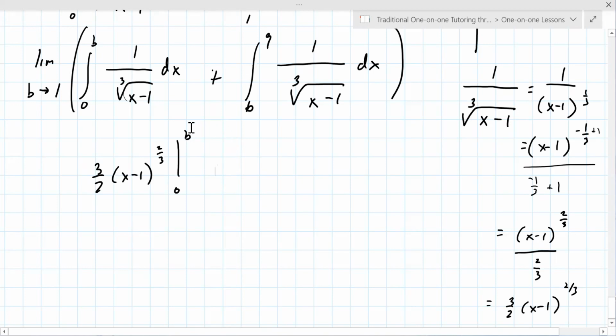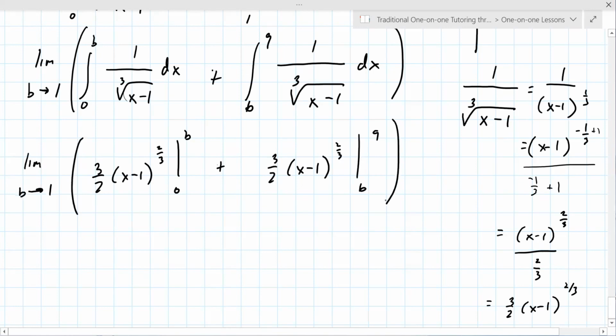Plus the same thing over here, 3/2 times x minus 1 to the 2/3 power from b to 9, the limit as b approaches 1 for all of this. Then you substitute in your limits.